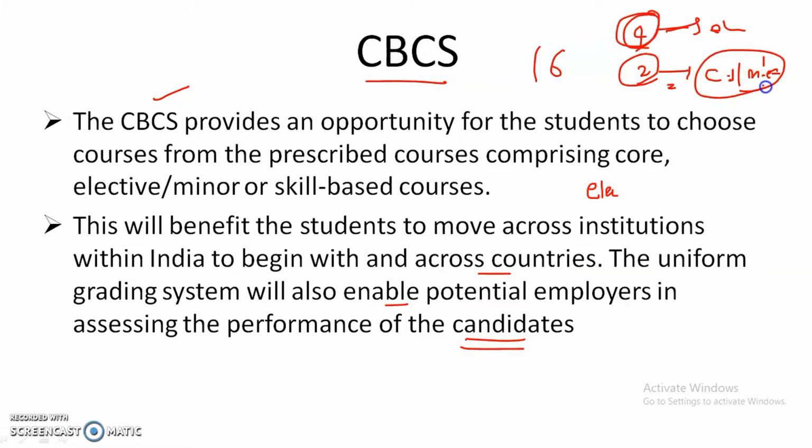Computer science means, let's take some programs, if he wants to learn some programs which will be helpful for his interview or job purpose, so he can select his interesting subject from other departments also.